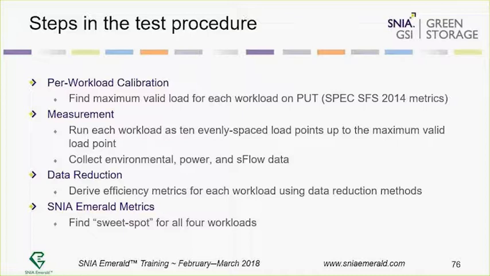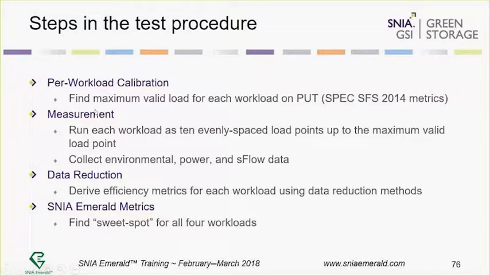So we're hoping that those two points are close, that when the server is performing at its maximum level, it's also drawing its maximum power, but you're getting the maximum work done for that power. That's possible. Those are not exactly the same, so it just gives you a good idea of where to start your range.